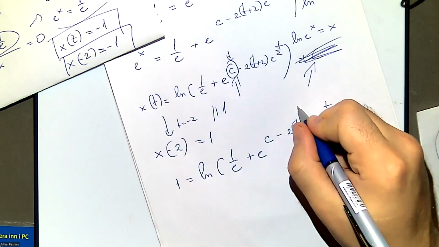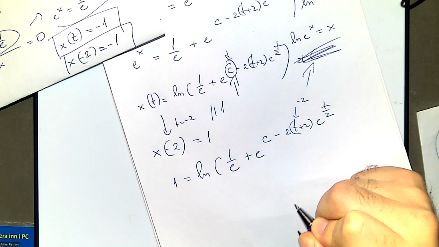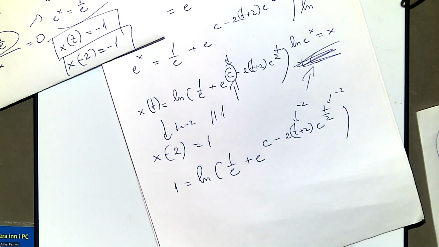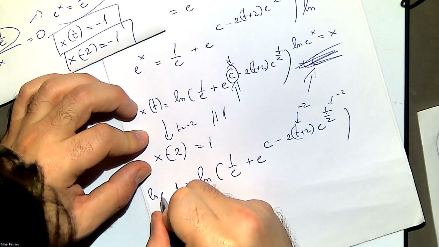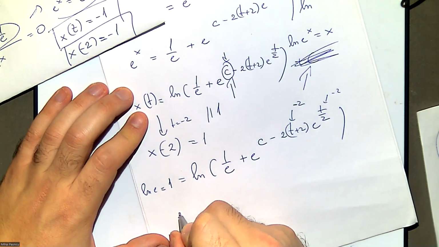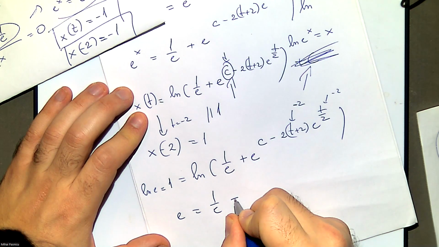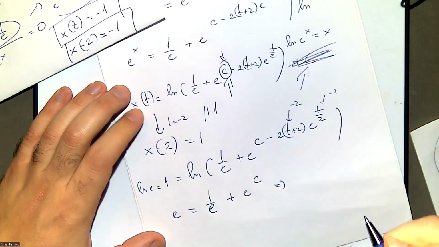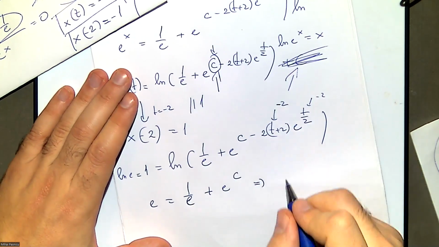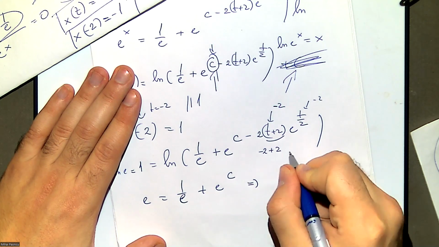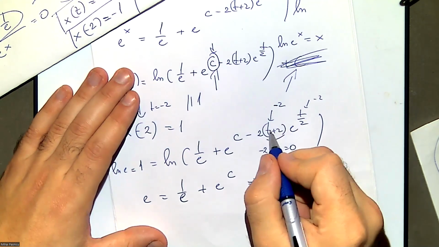I'm going to replace t with minus 2 and t here with minus 2. And I know 1 is ln of e. So this is just e is equal to 1/e plus e to the constant. Why? Because if I plug in t equals minus 2 here, I get minus 2 plus 2, which is 0. So this whole thing is 0.